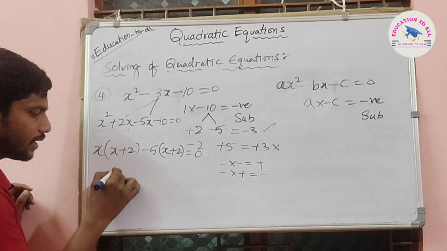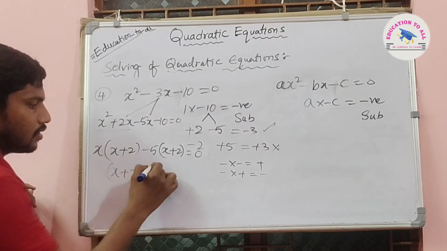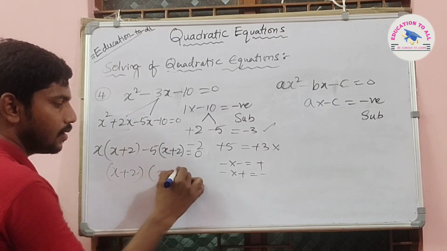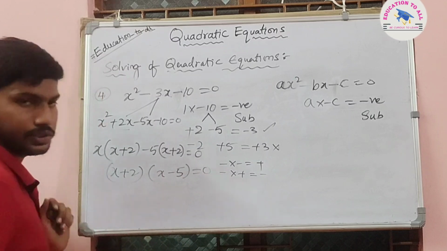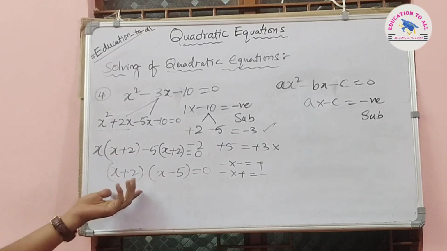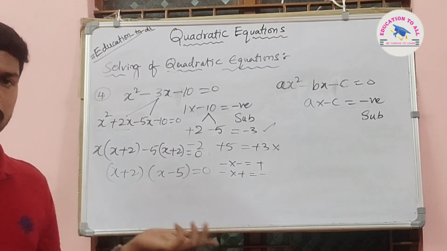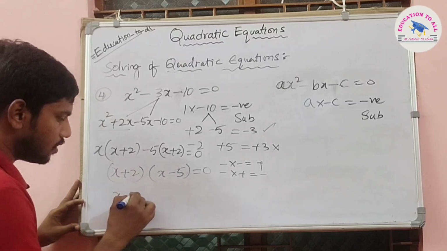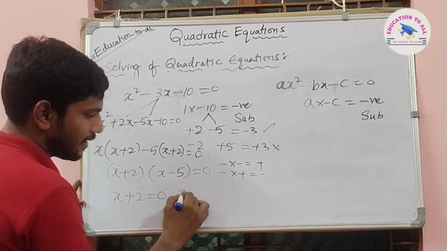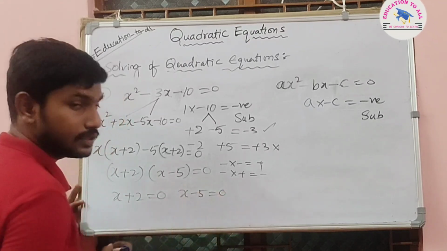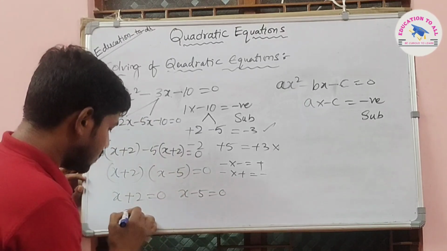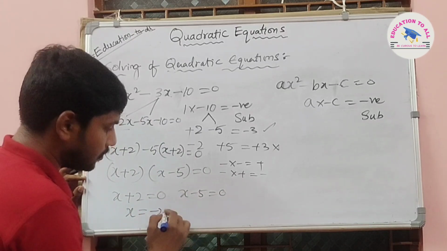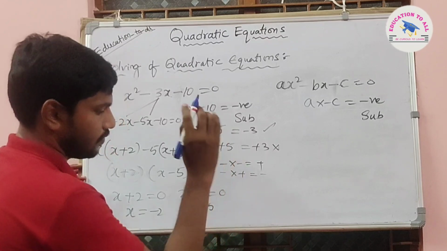Again x plus 2 taken out. What is pending? Here x is pending, minus 5 is pending, equal to 0. As we know, if the product of two numbers is equal to 0, either the first one is equal to 0, otherwise the second one is equal to 0. So in this, x will be minus 2. Here x is equal to positive 5.